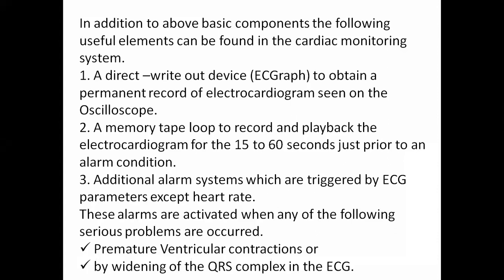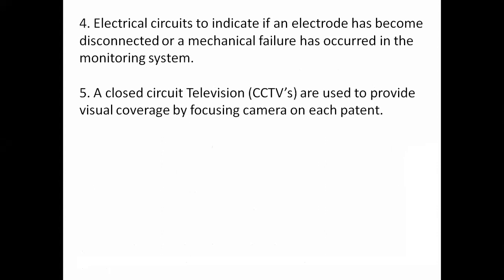So like this we have additional alarm systems present in the coronary intensive care unit. And similarly we have some electrical circuits. These electrical circuits indicate if an electrode has become disconnected or some mechanical failure has occurred in the monitoring system.